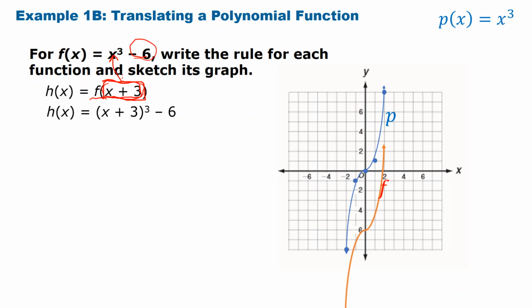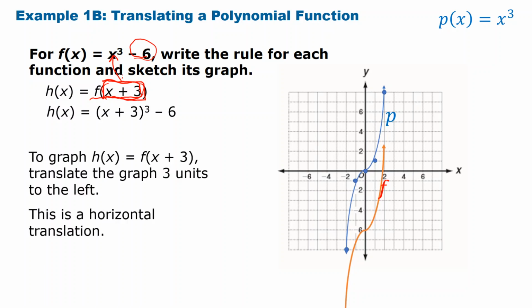Okay, so now that tells me that my x is going to be translated 3 units to the left. So here's my f, and it's going to be translated 3 units to the left. All right, so let's let it go. It's going to be a horizontal translation, 3 units to the left. There it goes. And that's all you have to do. And we label it h.